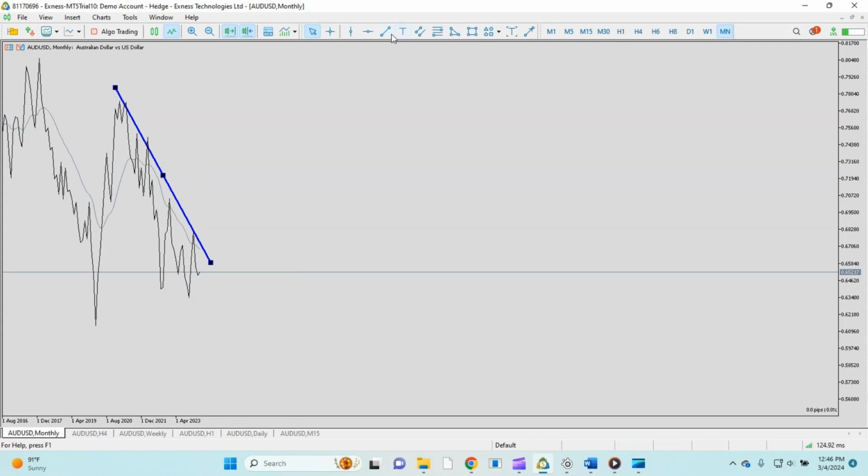We are trying to do a top-down analysis to see how the market is going. So here, this one gave rise to this, gave rise to this. So we join this. You can see that we have a trend line.